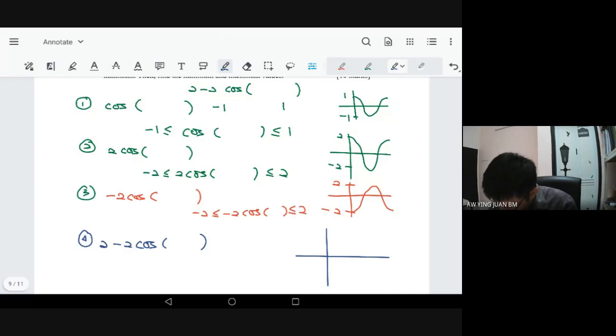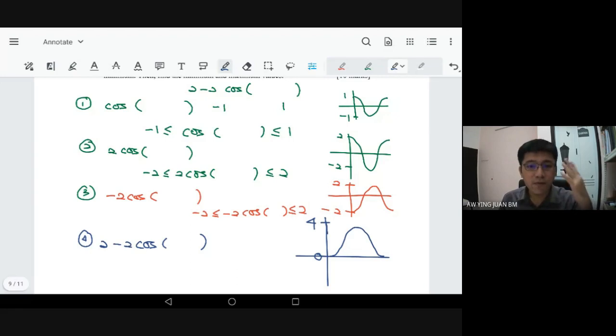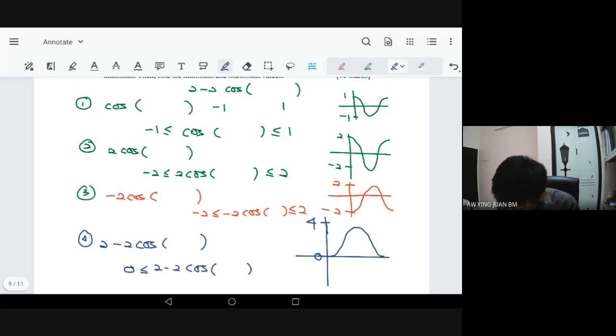So your graph will be something like this. Here will be the value 0, and here it becomes 4. So we have 0 and 4.